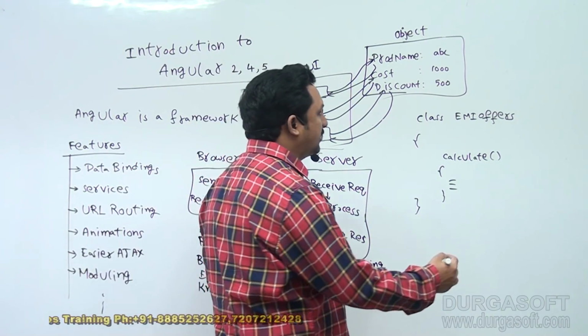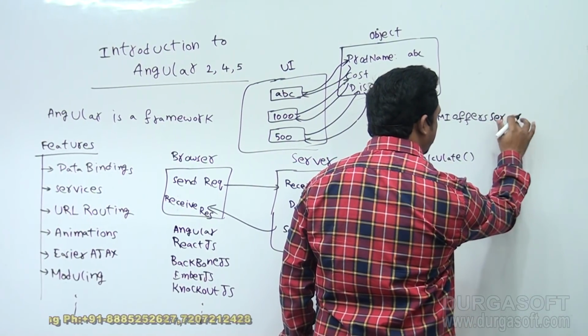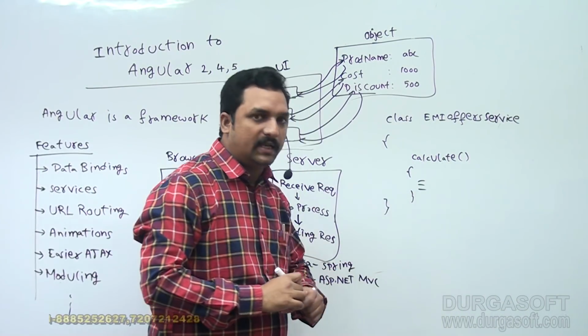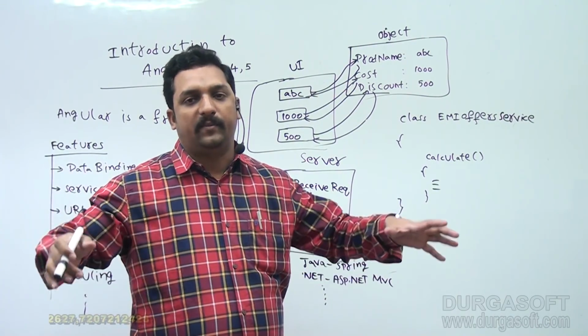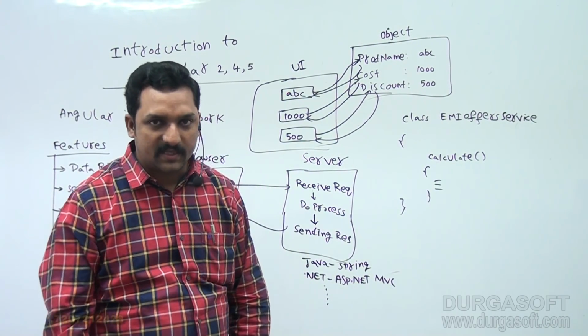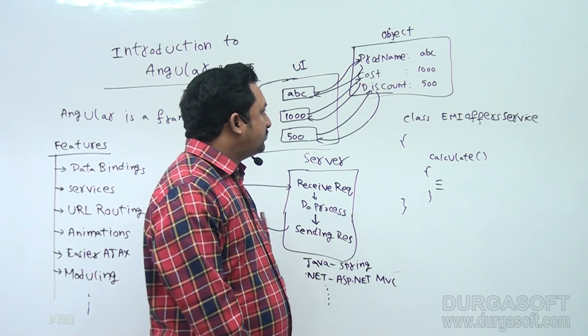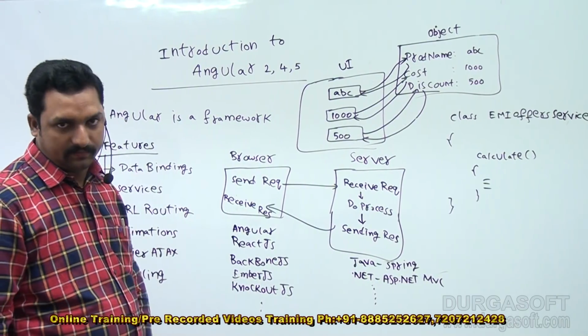So that is your service. EMI service we have to call. This is service class. So what is a service? A service is a reusable set of methods which can be used in multiple pages. A reusable set of methods is a service class. So services development is possible in this Angular.